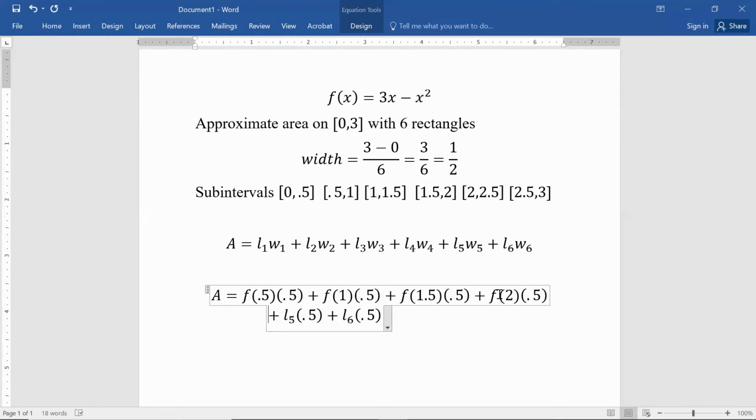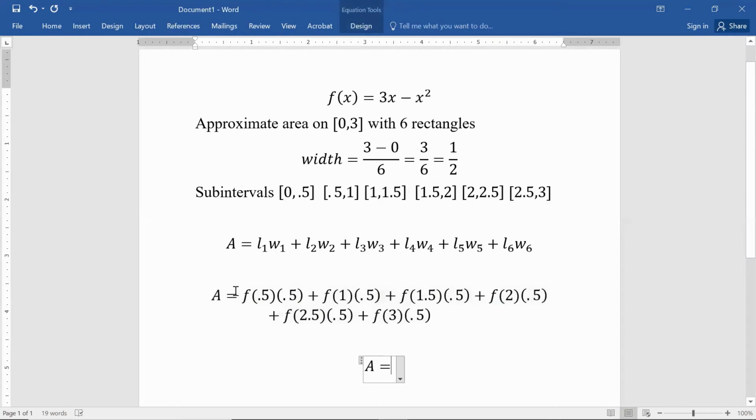For my fifth interval, I'd use the function value at 2.5. And for my sixth, I'd use the function value at 3 to determine the height of that rectangle. These can all be calculated.